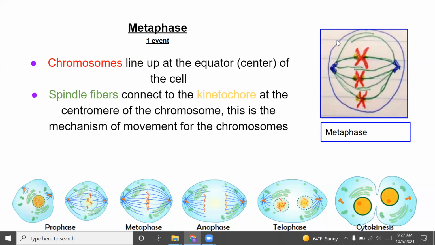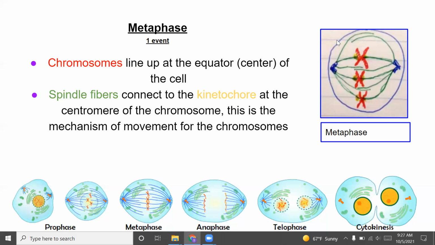All right. And when you're writing this, you can make it shorter. You could just say chromosomes line up at the equator. It's also called the metaphase plate. Down here? I would just do the picture.